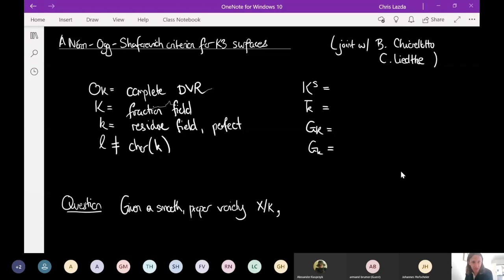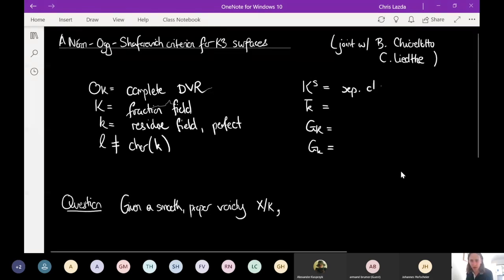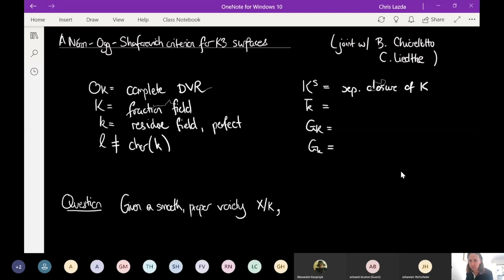Okay, so I'm going to fix a separable closure K^s of the fraction field. I'm going to let k bar be the residue field of this separable closure.